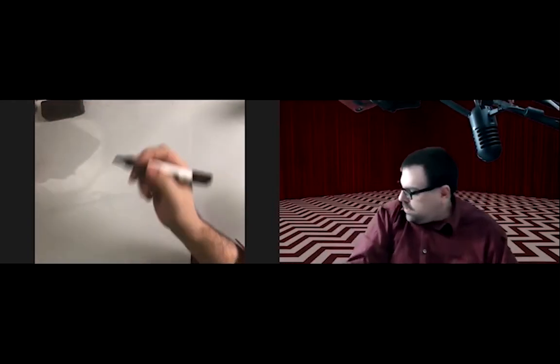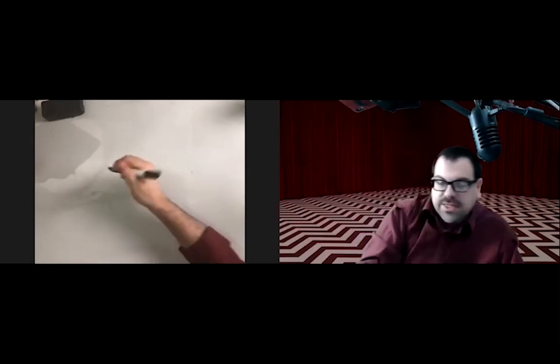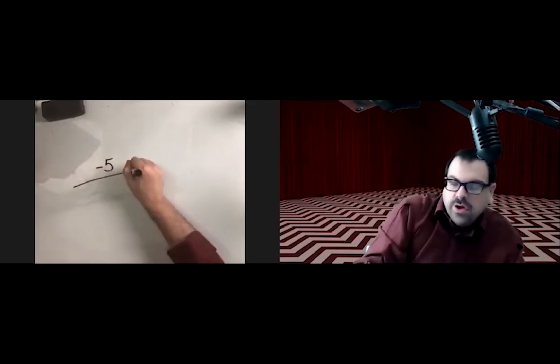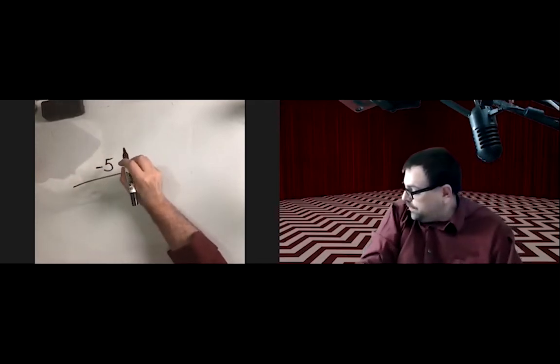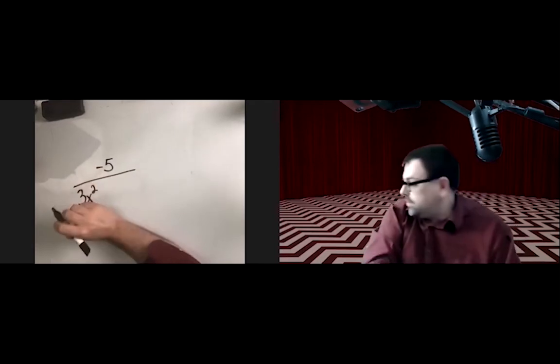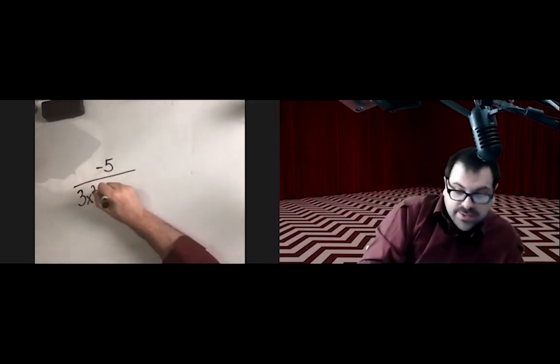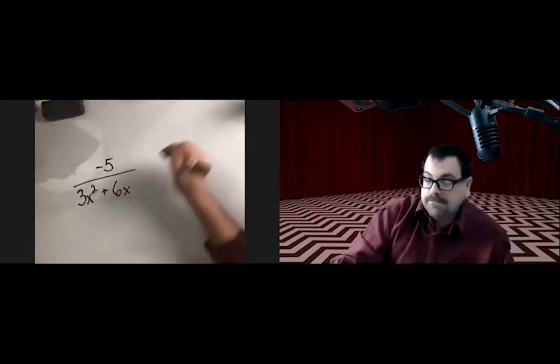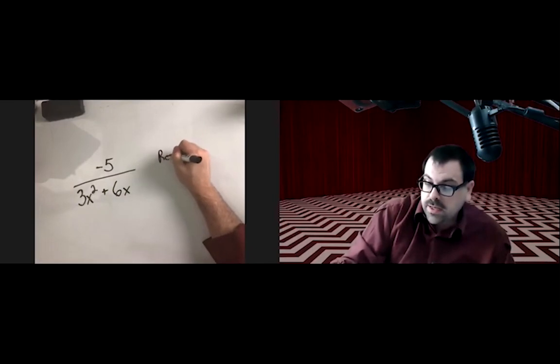What would be any restricted values of negative 5 over 3x squared plus 6x? What would be the restricted values?